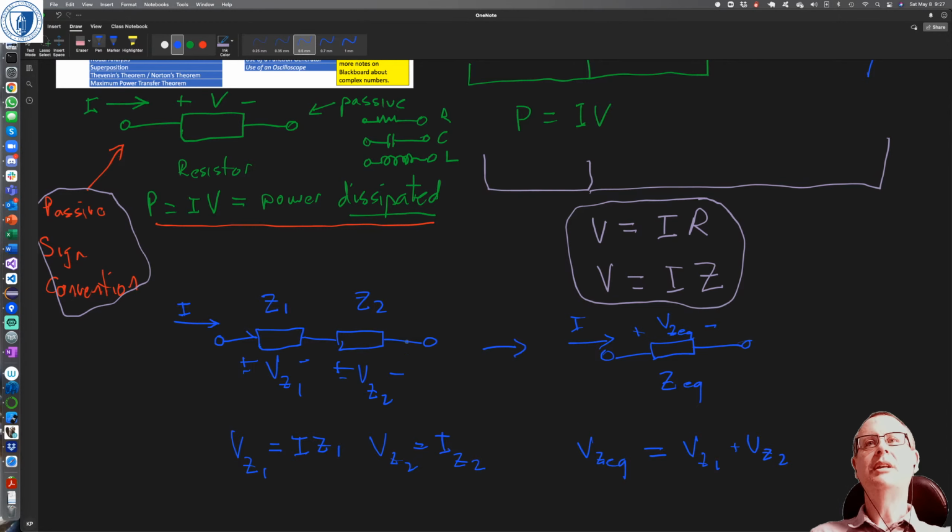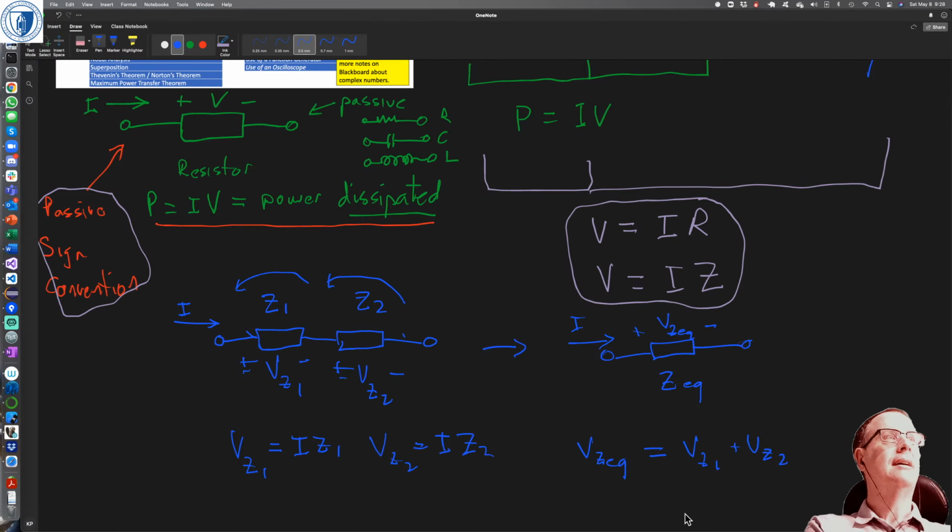If we start off here, we go up by VZ2, then we go up again by VZ1, so we just add those two. And I don't know why I made that a subscript. Let's write that correctly. So that should be I Z2. Right, I times the impedance.